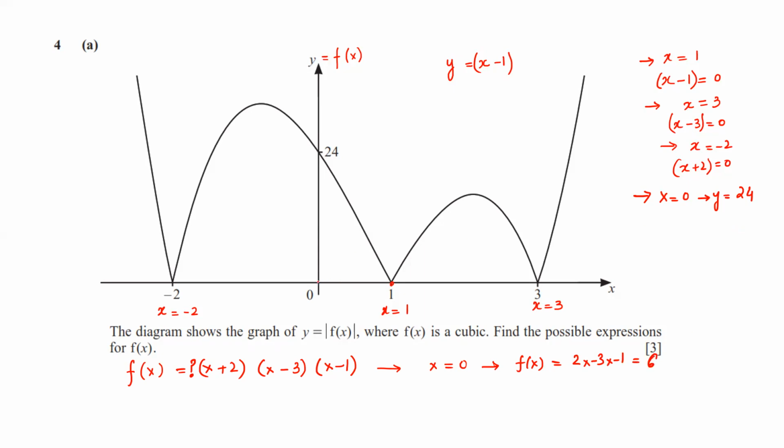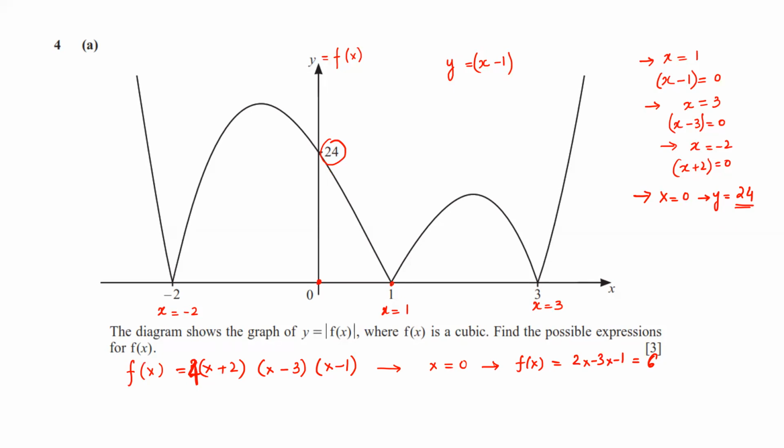But from the graph, we need a value of 24. So we need to multiply it by 4. Okay, this is how it should be written.